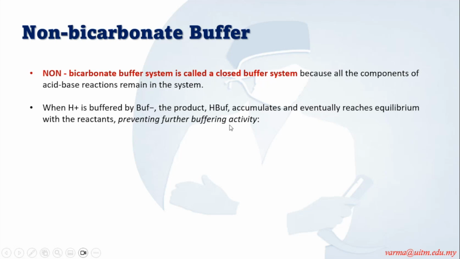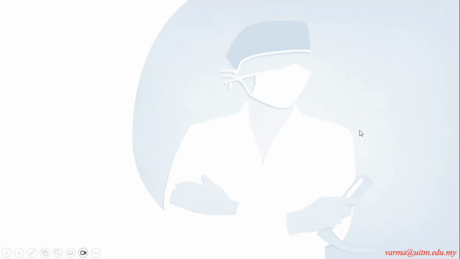You see, that's the difference between non-bicarbonate and bicarbonate. Bicarbonate can go continuously without reaching equilibrium as long as the CO2 is continuously being expelled, whereas non-bicarbonate buffer will come to a halt at a certain point. When the buffer, H plus and H-buff reach equilibrium, all three, then it will stop. It won't continue because this one cannot be eliminated 100%.